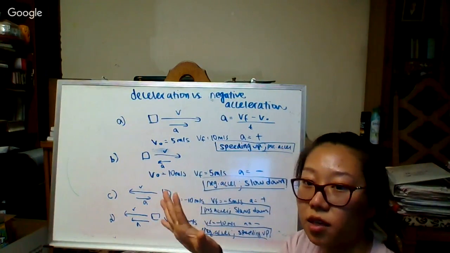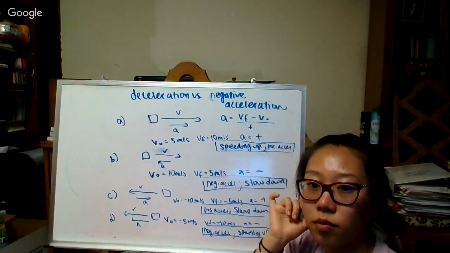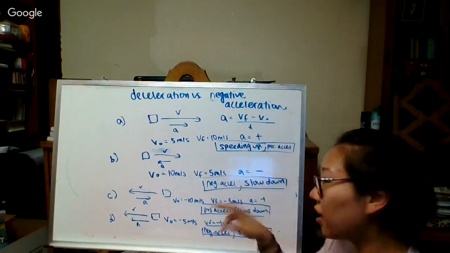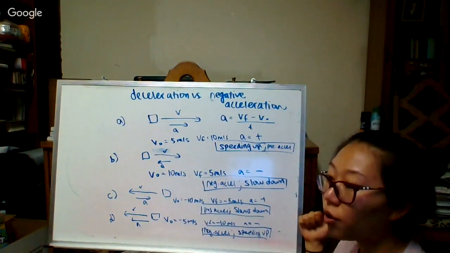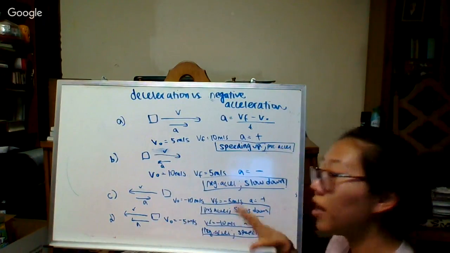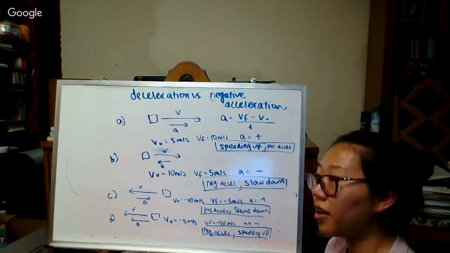So don't get that mixed up. Does that make sense? It's the magnitude of the numbers. If they're going towards zero, it's slowing down. If they're going away from zero, that is when it's speeding up.